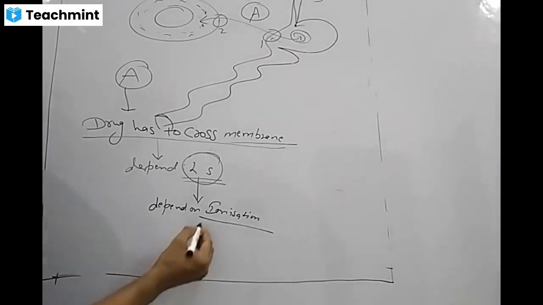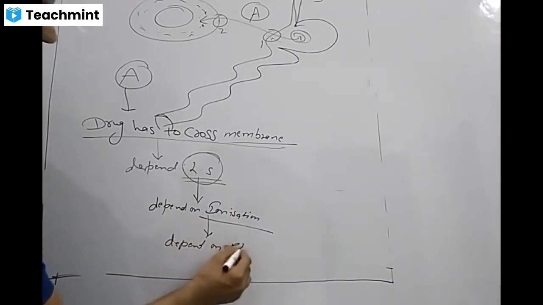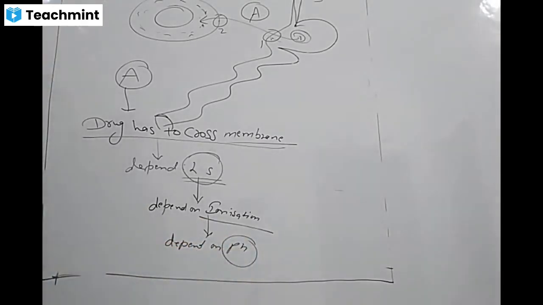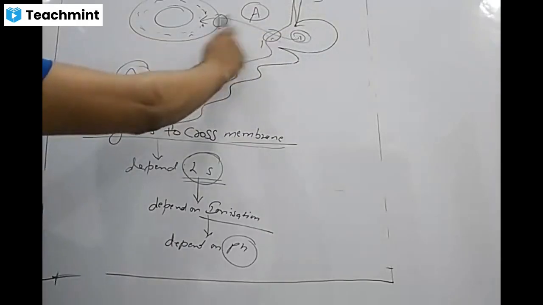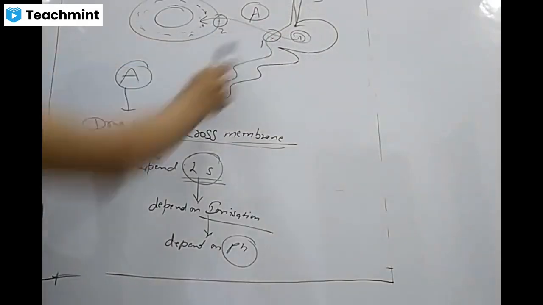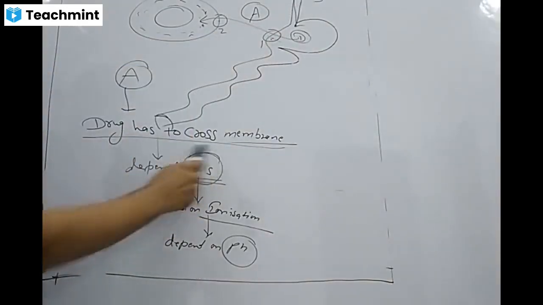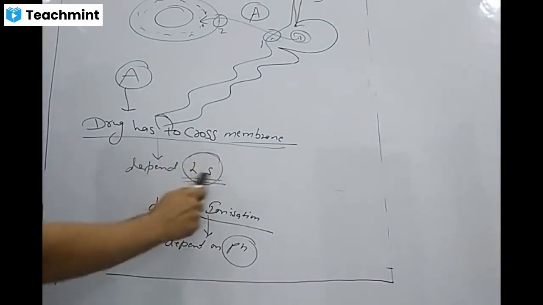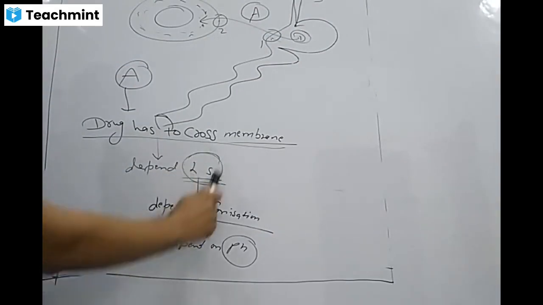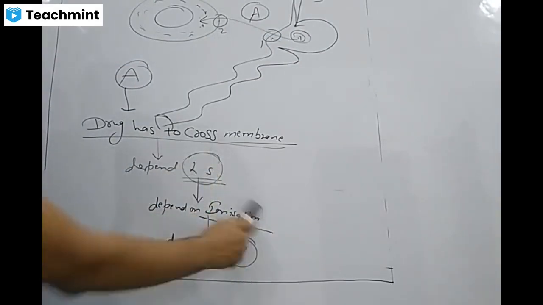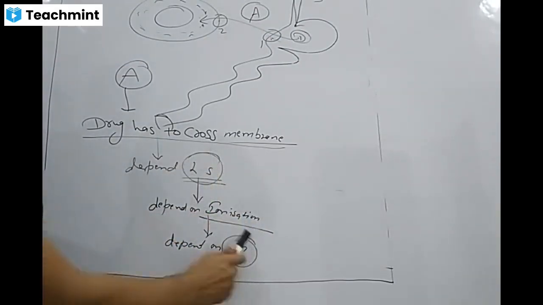This ionization is dependent on pH. So this is the sequence you have to remember. For absorption we need to cross these membranes. To cross these membranes, what is important? Lipid solubility. That crossing depends on lipid solubility, lipid solubility depends on ionization, and ionization depends on the pH.